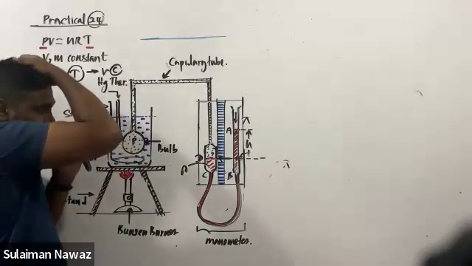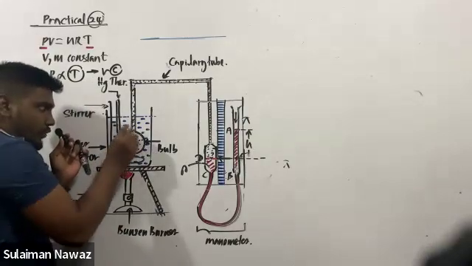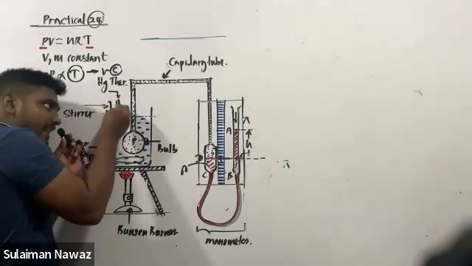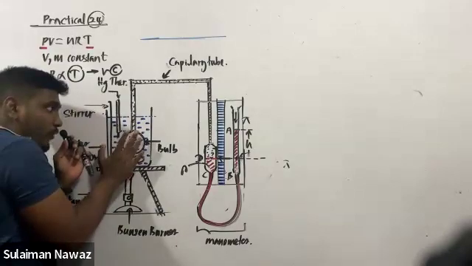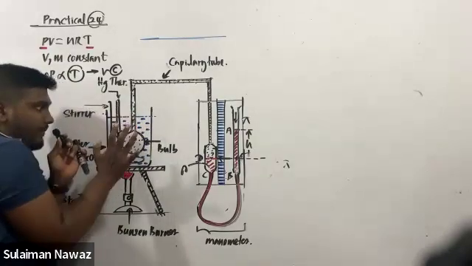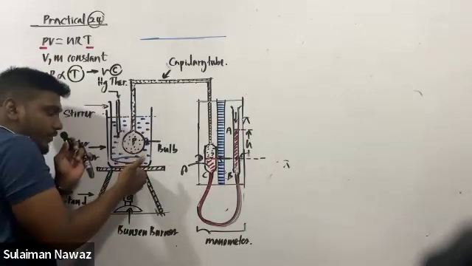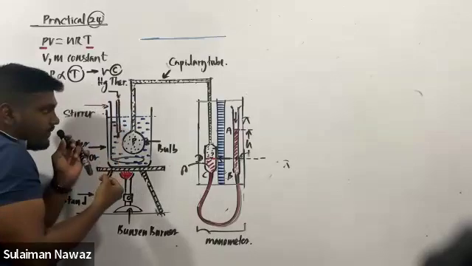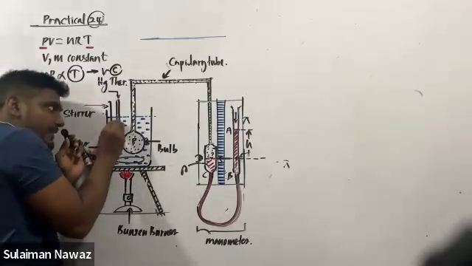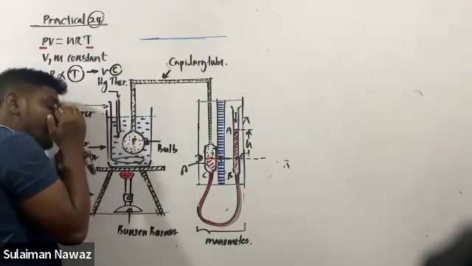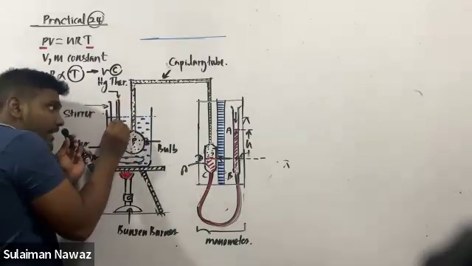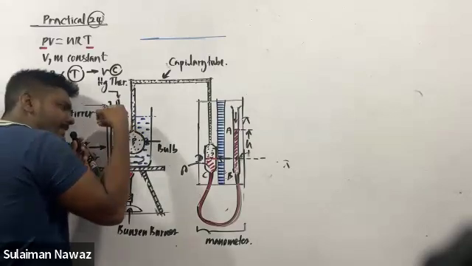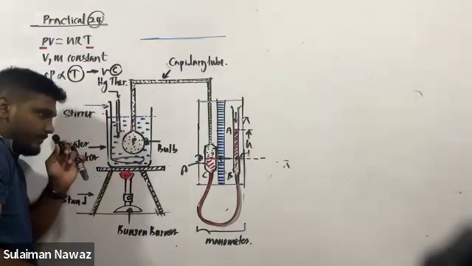Let's say now you want to obtain the pressure of the gas at 35 degrees Celsius. Now the thermometer shows 33 something. If you provide heat, definitely the temperature will be 34, 35. Sometimes it can exceed to 36 also. Therefore, when the thermometer reads around 33.5, you should remove the burner.